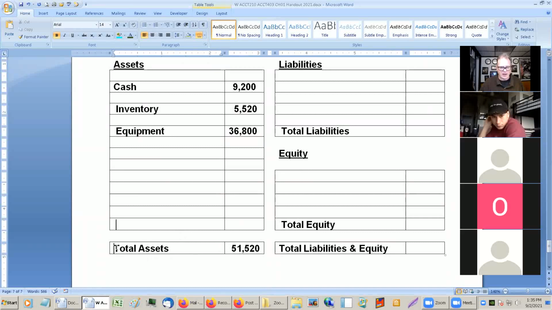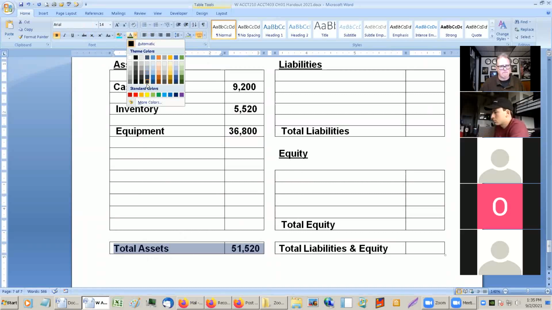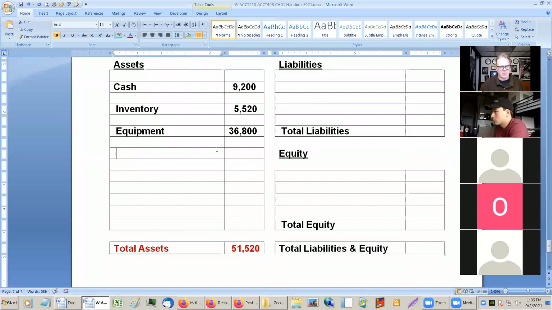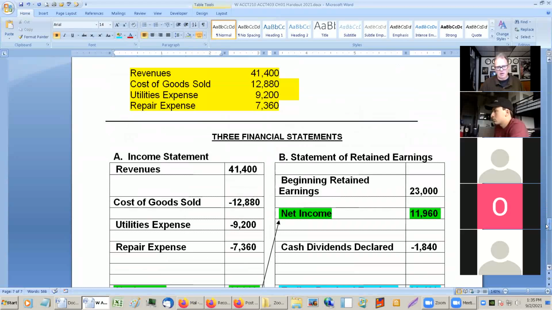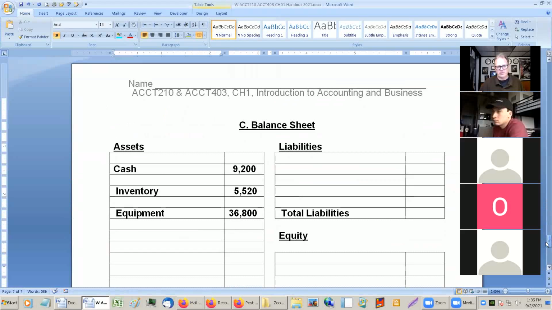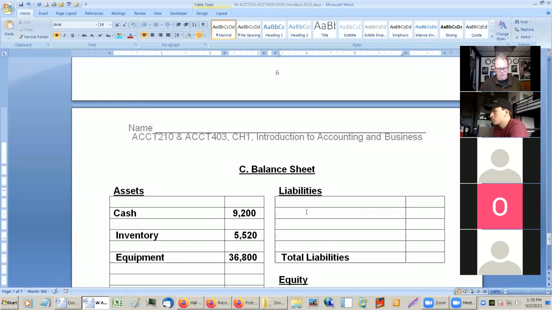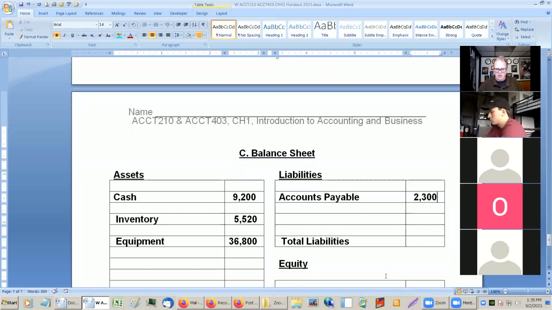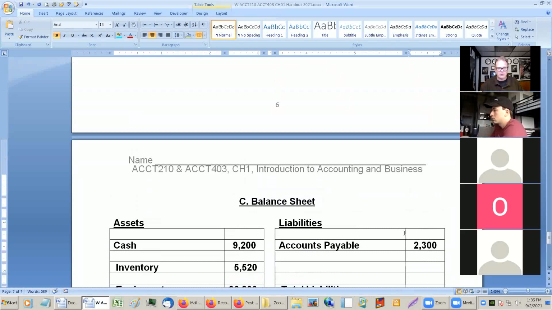Okay, so these are the total assets. And accounts payable is 2,300. And that's the only one we have.